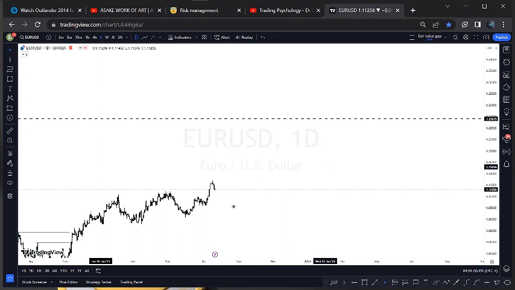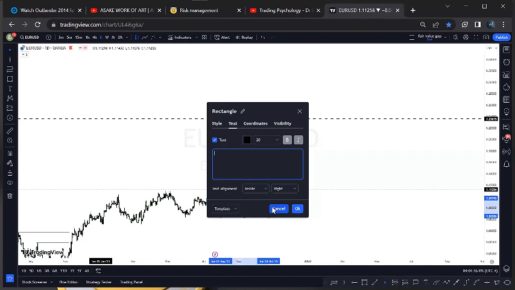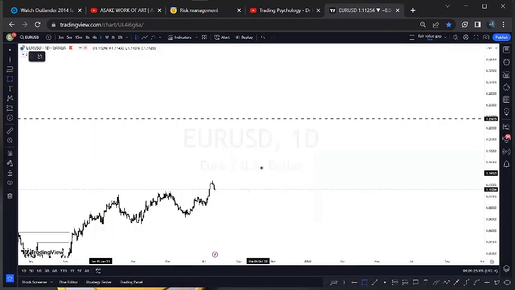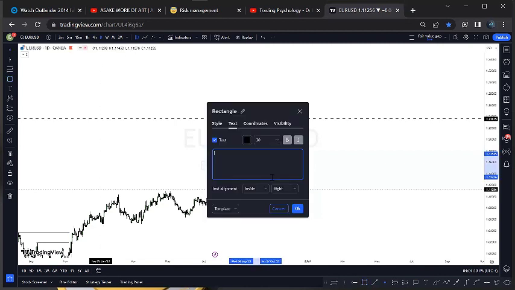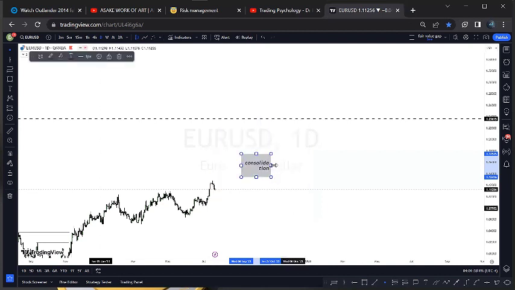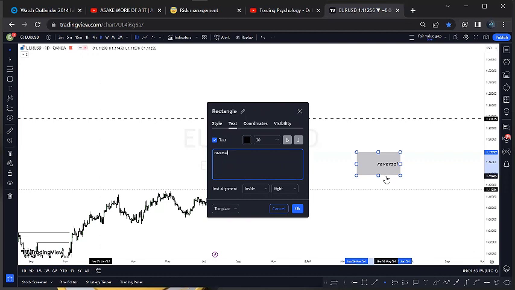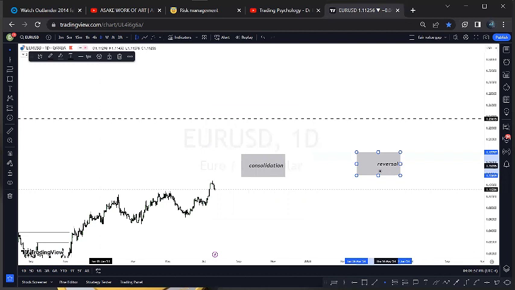Let me say it again. We have consolidation. We have reversal.